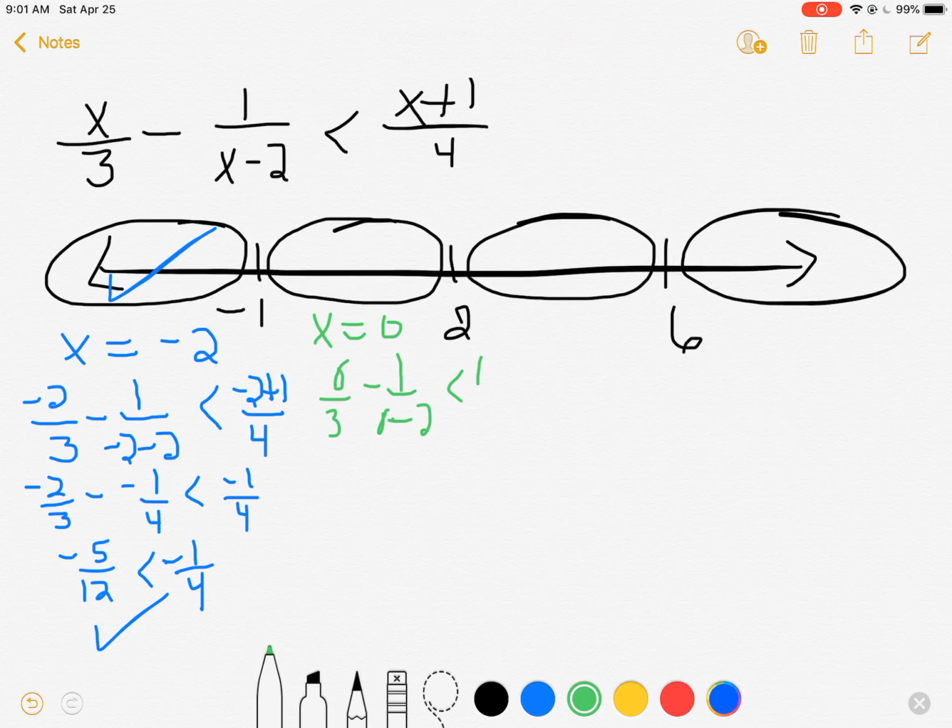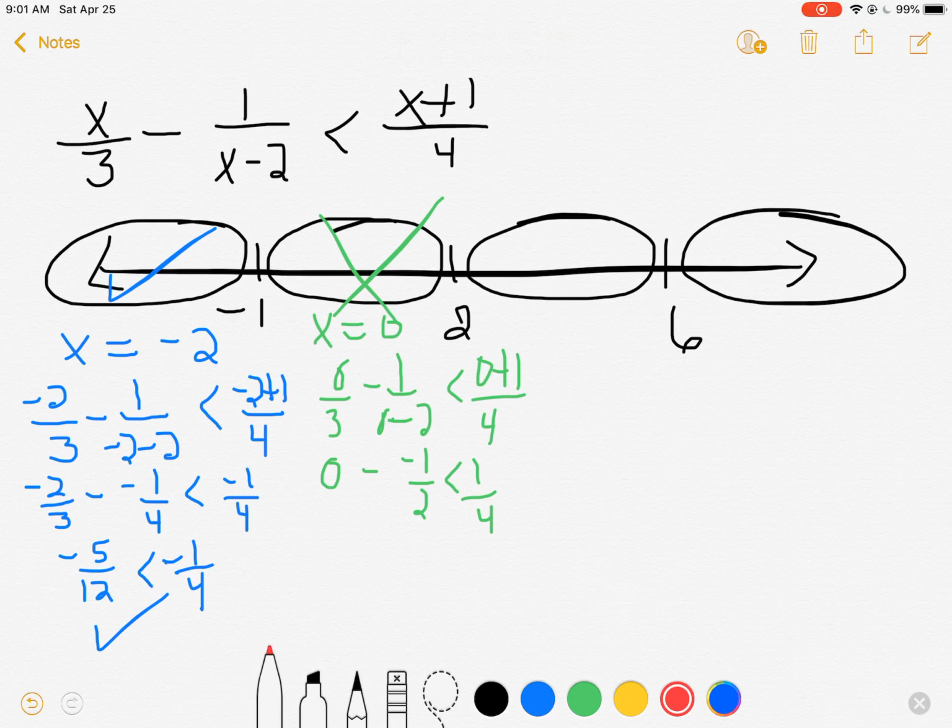Is that less than 0 plus 1 over 4? So is 0 minus a negative 1/2 less than 1/4? Is 1/2 less than 1/4? No. That testing point did not check.